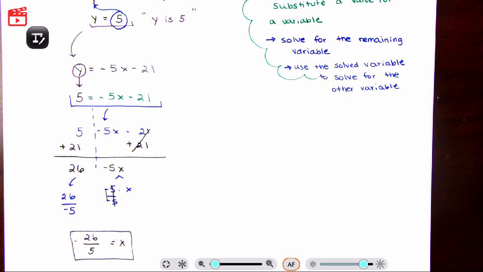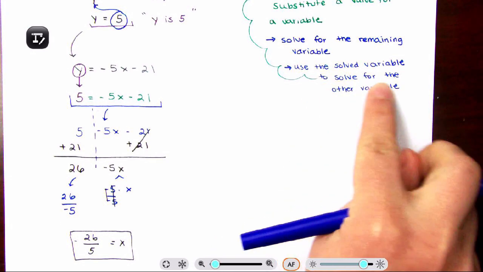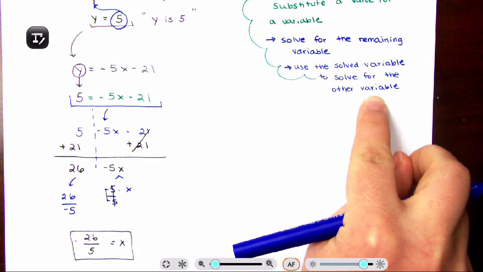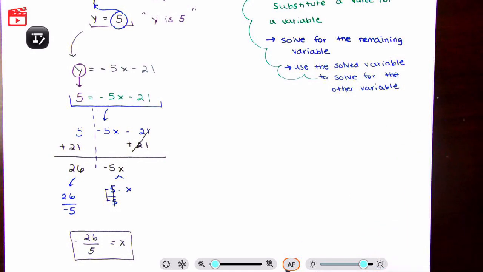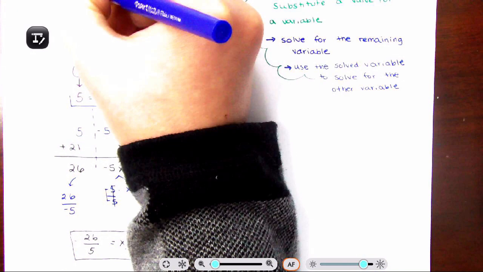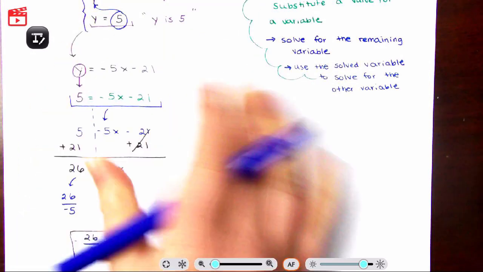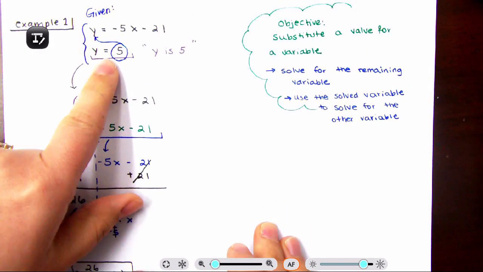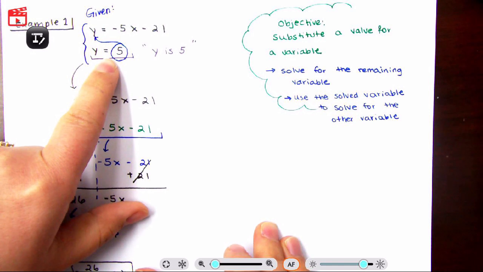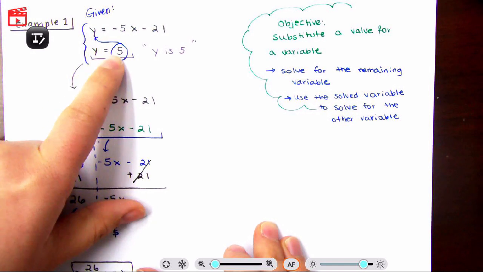So now you're going to use the solved variable to solve for the other variable. Okay, this one right here, and you're going to plug it into the other equation. You can plug it into any equation you want. But I'm going to show you something pretty cool for this specific equation. So if this is given, notice that they already gave us y is 5.